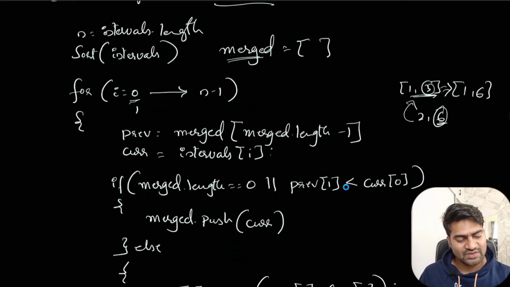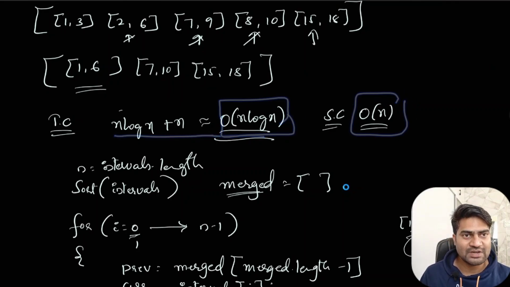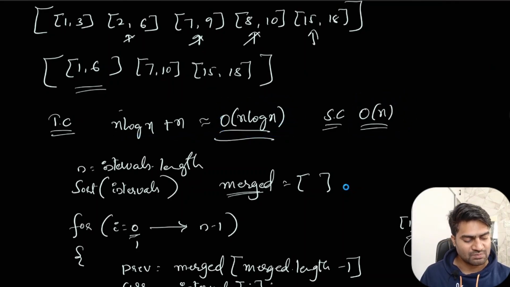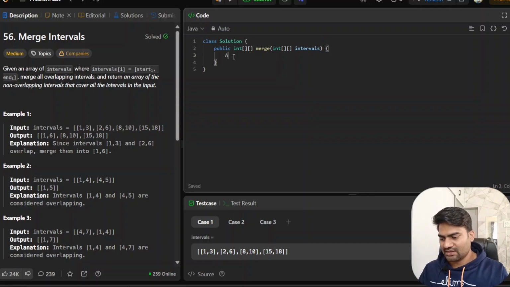Okay, so we have already seen the time complexity. We should be able to solve this in order of n log n time complexity and order of n space complexity. With that, let us try to execute this and see. I will start with the intervals array. So I will use the Arrays dot sort method to sort intervals.